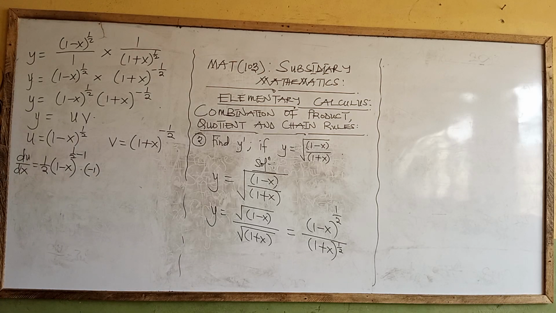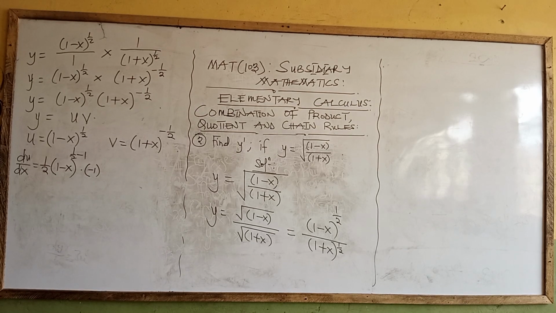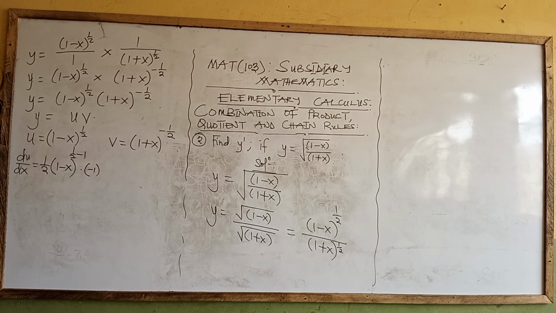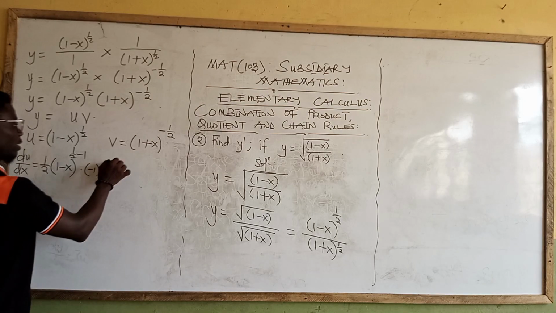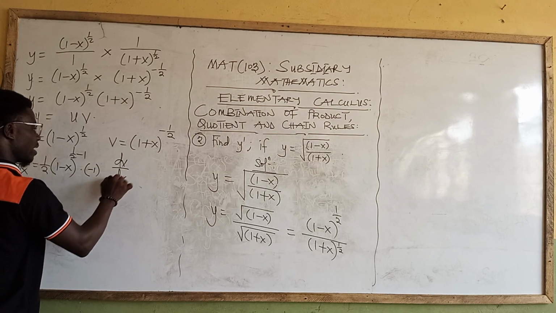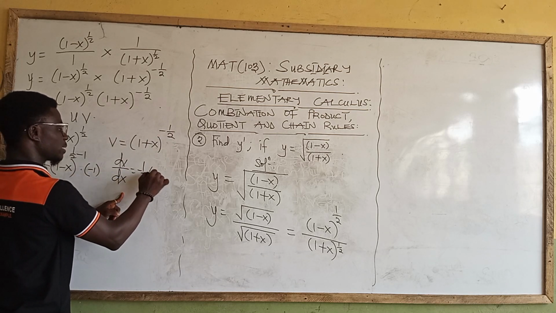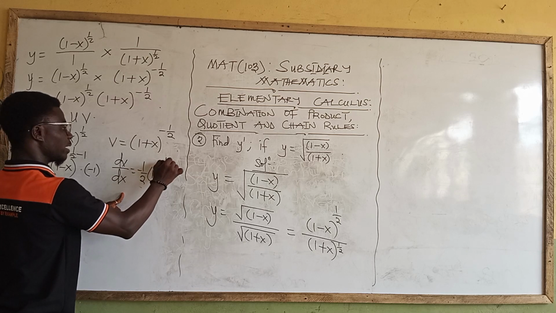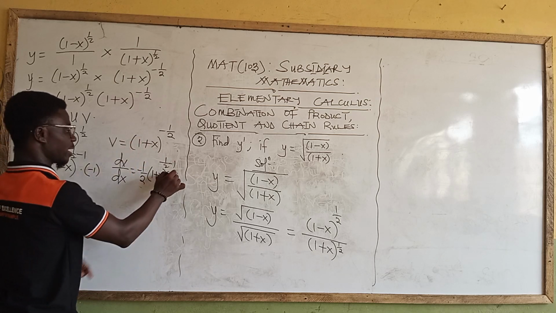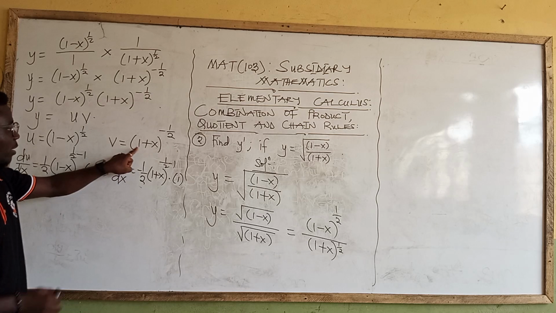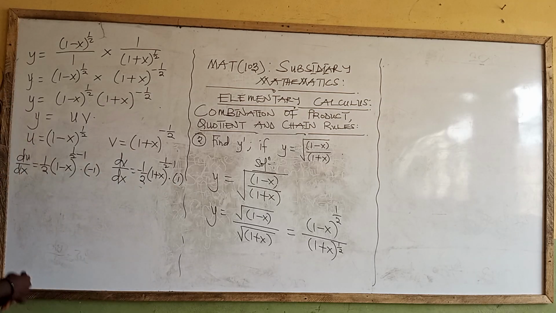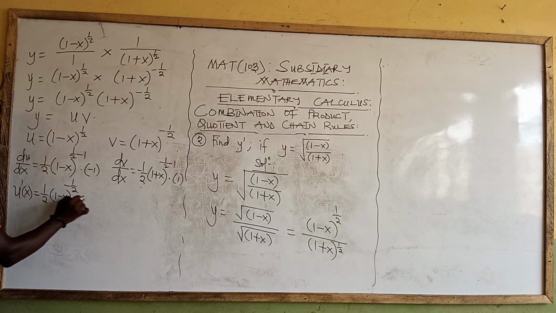So now let's differentiate v with respect to x, which must be equal to negative half times (1 plus x) exponent negative half minus 1, times we differentiate, I get positive 1, right? This one goes to 0, this one is 1. So now I have u prime of x must be equal to half times (1 minus x) exponent negative half times my negative 1.